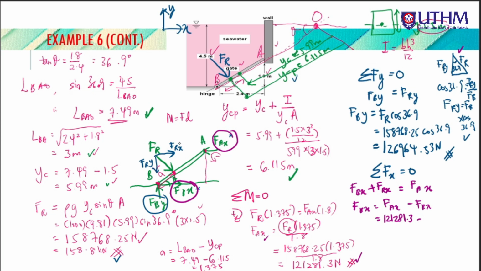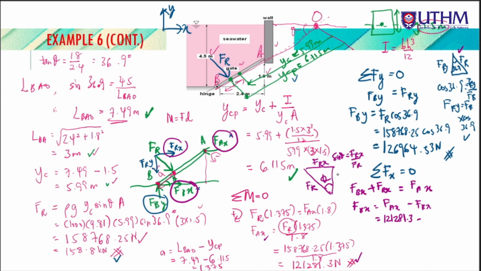Okay. So sepatutnya kita nak consider yang ni kan, FRX. So kita tahu ini akan jadi dia punya segitiga. Okay, so yang ni adalah FRX. Okay, yang ni FR. So this is the theta. Okay, theta untuk dapatkan FRX kita guna apa? Sin theta equals to FRX over FR.